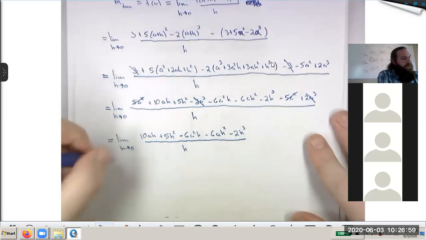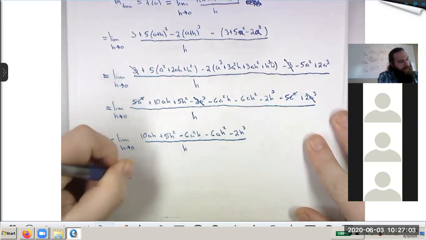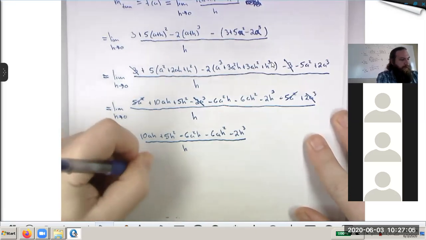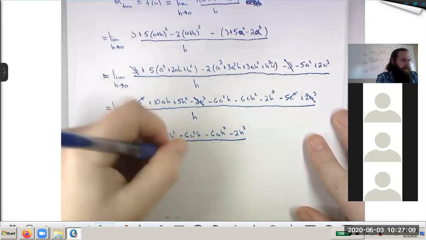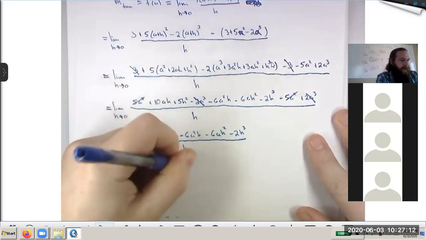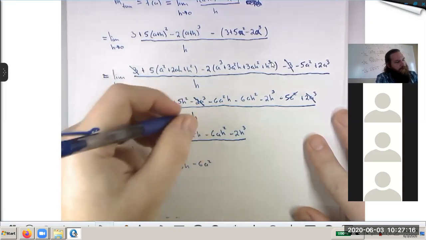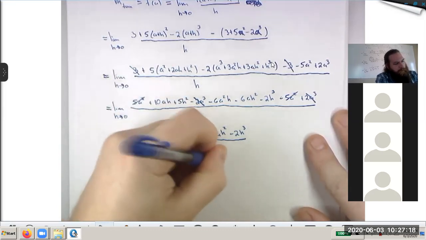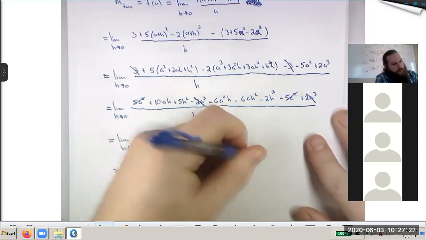So I'll factor out the h from the top. And what's left up here is 10a plus 5h minus 6a squared minus 6ah minus 2h squared.